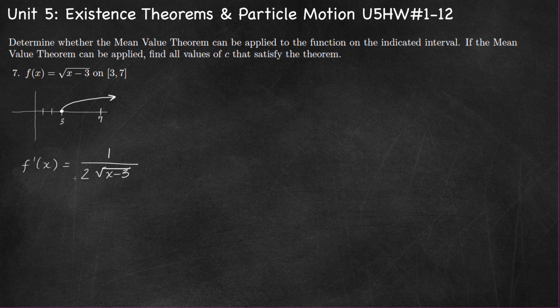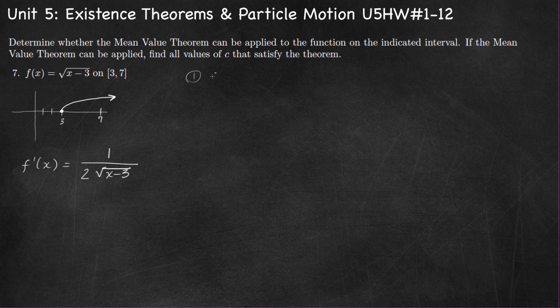And then this function is differentiable everywhere except where the denominator is 0, and that would be when x is 3. So f of x is differentiable everywhere except at x equals 3. And again, we don't need it to be differentiable at 3.